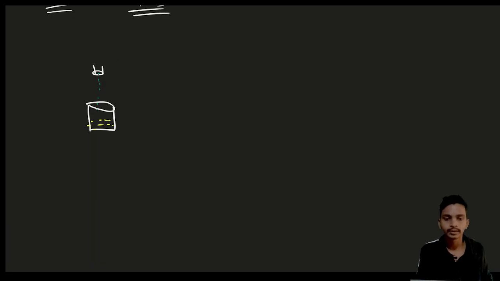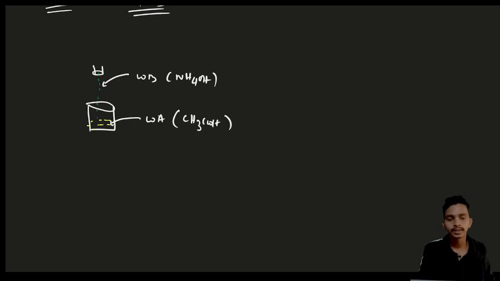So this is a weak acid and you are giving a weak base drop by drop. Let's say the weak base is NH4OH and the weak acid is, let's say, CH3COOH. Okay, so let's first see what happens in the solution.